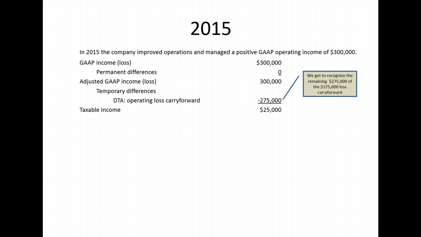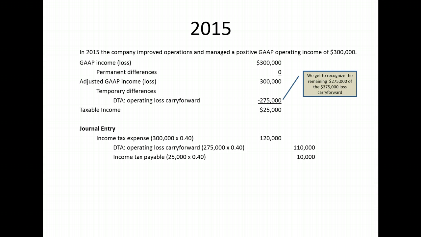And now we go through the exact same process again in terms of a journal entry. In 2015, we actually do owe some taxes this year, only $10,000. But you can see, most importantly, we're following the same pattern that we follow all the time. GAAP income is the basis of our income tax expense. Taxable income is the basis of our income tax payable.